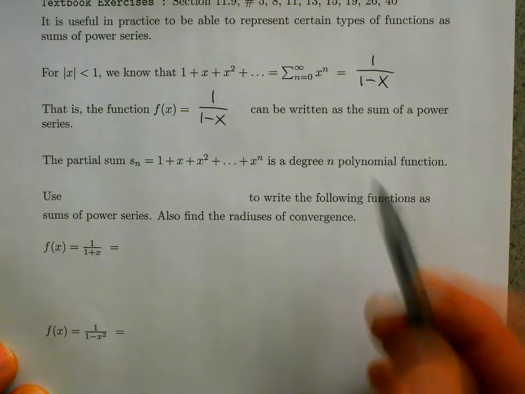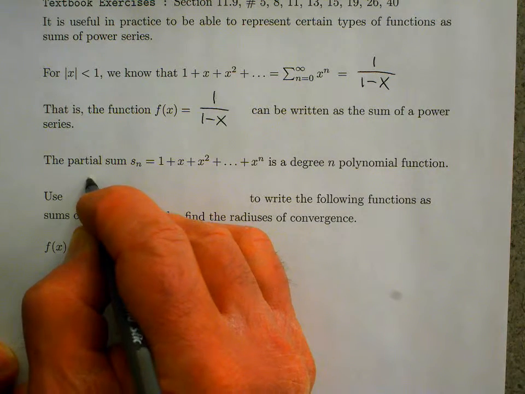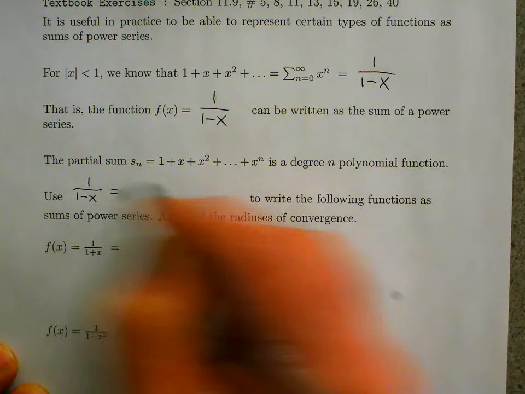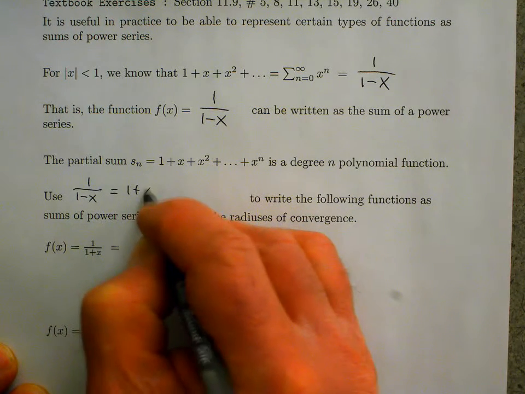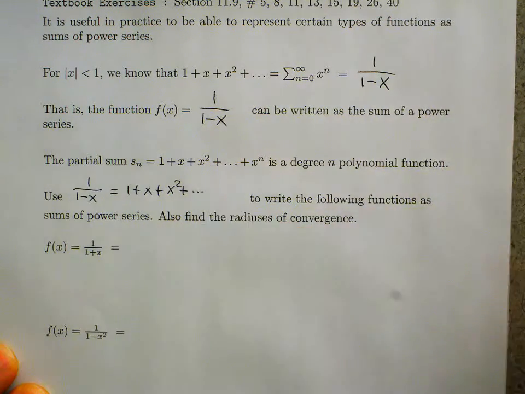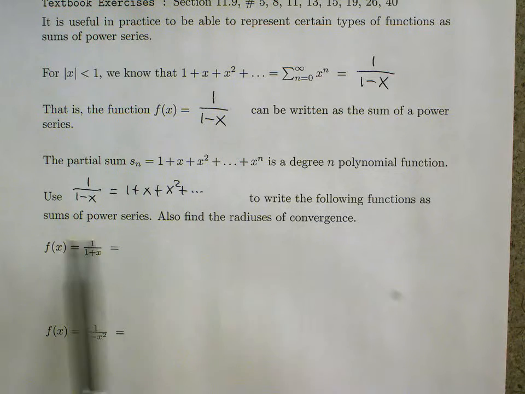Okay, so as a template, we're going to use the fact that 1 over 1 minus x equals 1 plus x plus x squared, and so on, to write the following functions as sums of power series.